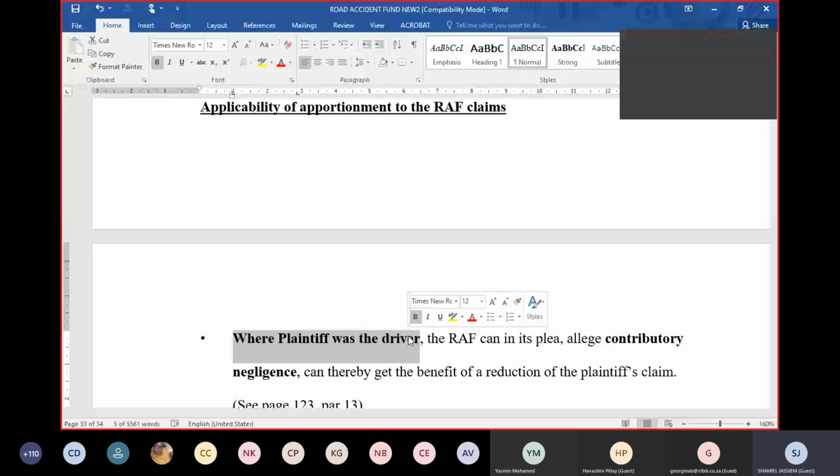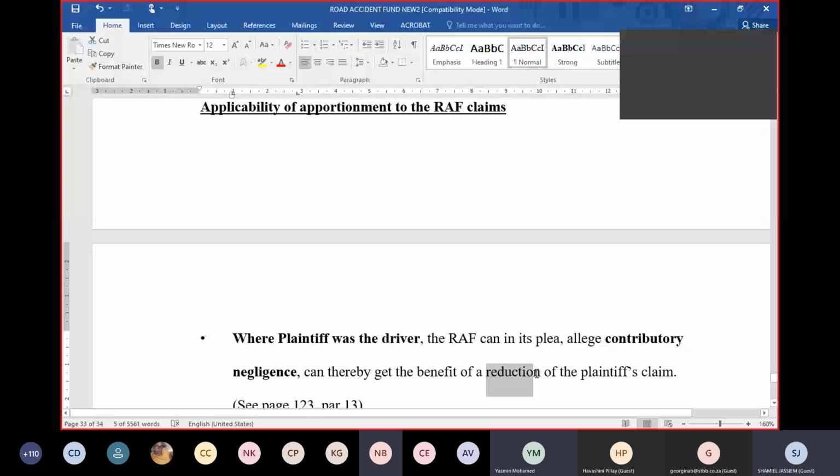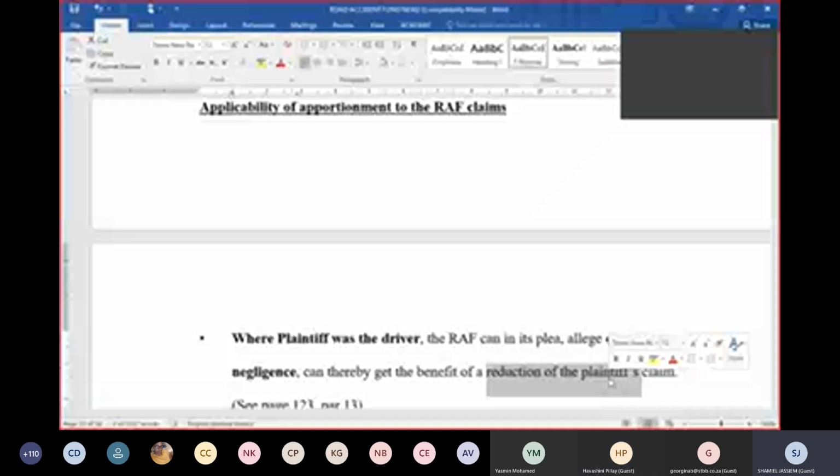If the RAF pleads contributory negligence and they're successful with their plea in respect of contributory negligence, whose claim will be reduced? The plaintiff's claim will be reduced. Am I right? The passenger who is the plaintiff, her claim will be reduced.